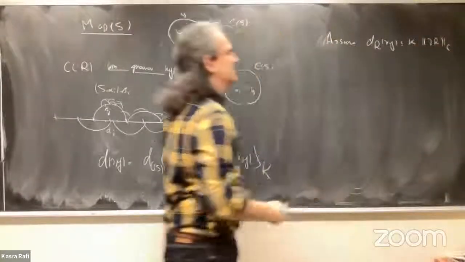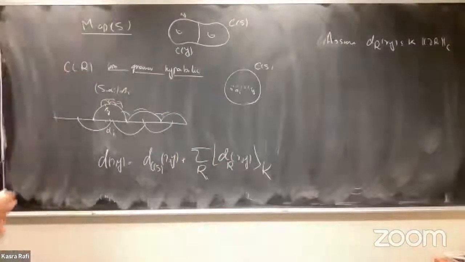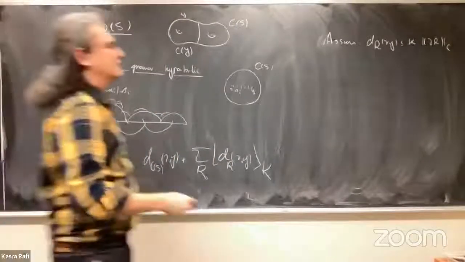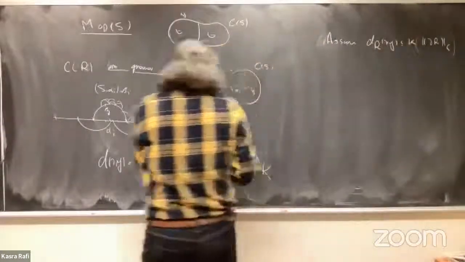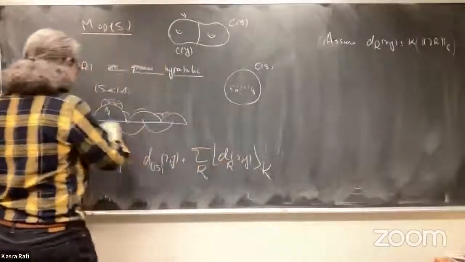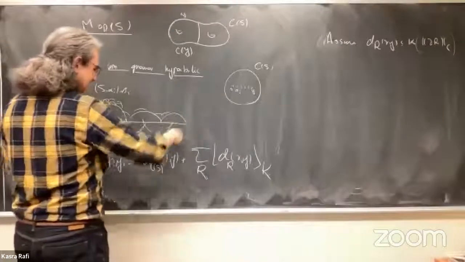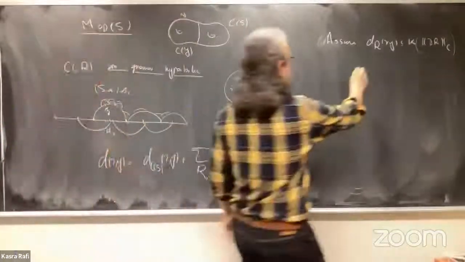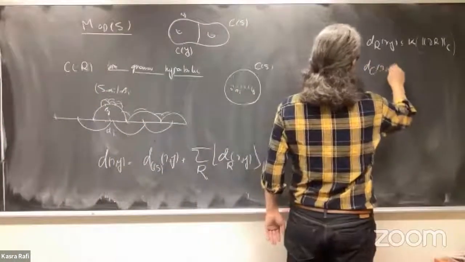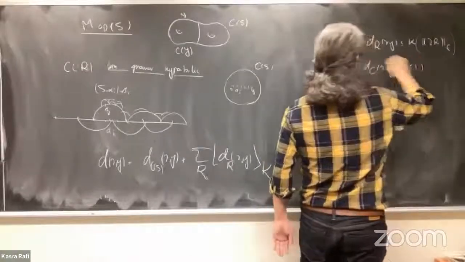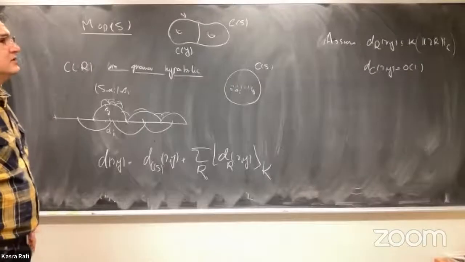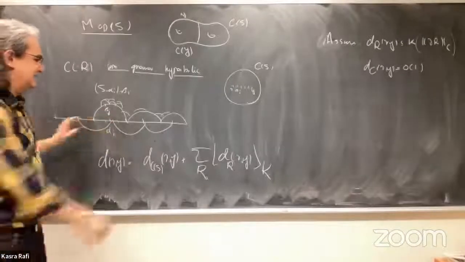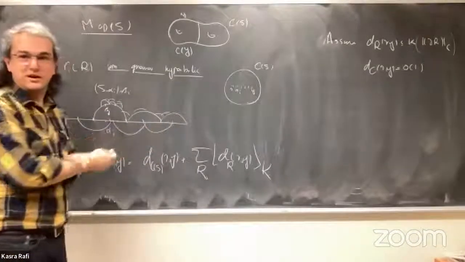So that is the distance from the origin to the boundary of the subsurface R. If you plug that into this distance formula, you don't get that the length of this path is bounded, if I'm imagining the distance in the curve graph of x and y is bounded. In the relatively hyperbolic case, you would get that the distance between these is also bounded by kappa.